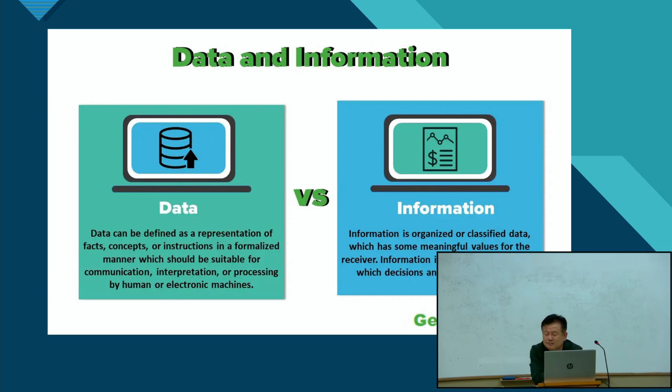So data versus information is this. Follow these pictures. Data can be defined as a representation of fact, concept, or instructions in a formalized manner which should be suitable for communication. Communication means human interpretation, interpretation or processing by human or electronic machine.